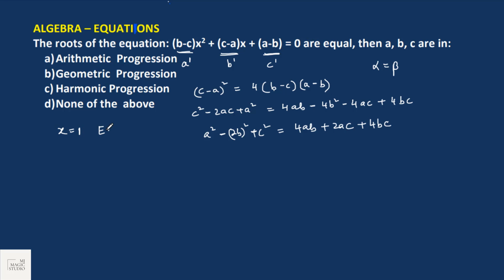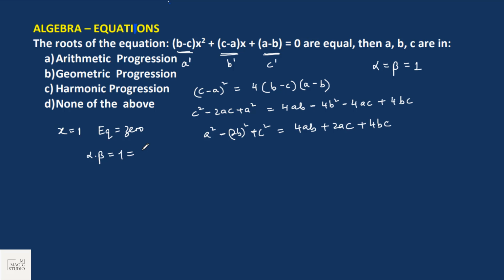That means if I put x equals 1, the entire equation value will become 0. If I put x equals 1, b minus c plus c minus a plus a minus b becomes 0. That means the value of alpha and beta is equal to 1. Root of this equation is 1.